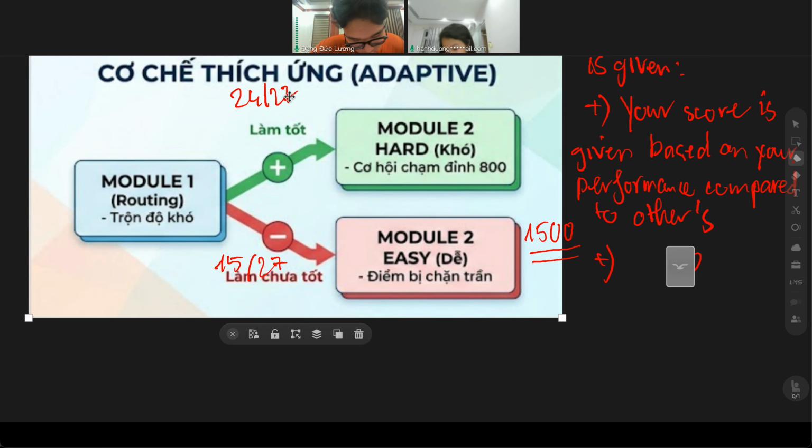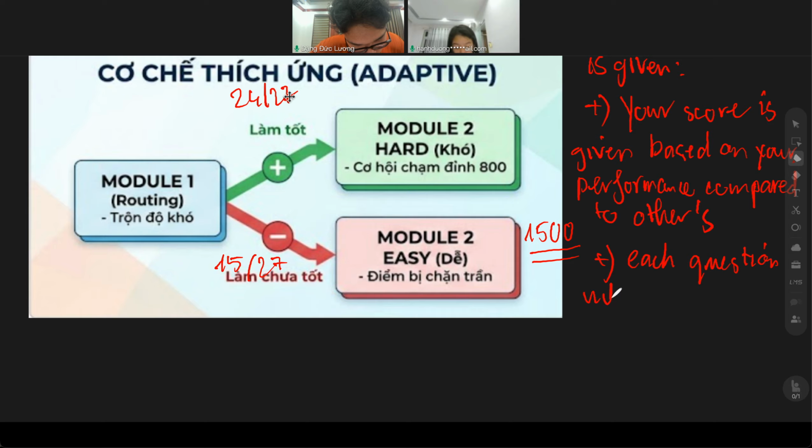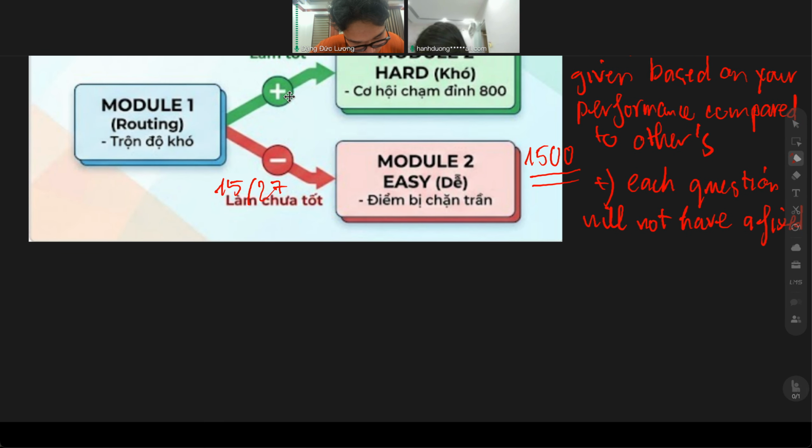So each question will not have a fixed point value.